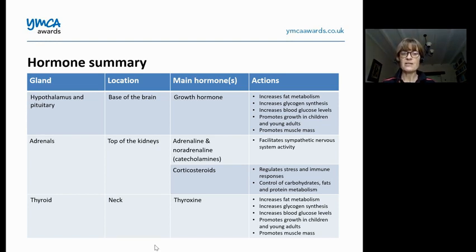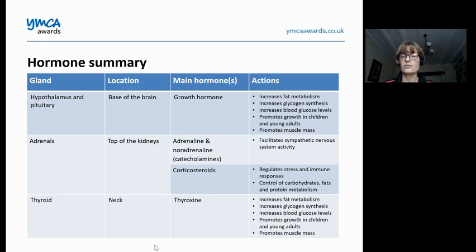Now, it's actually the core, the medulla, which is the middle part of your adrenals, that secretes the catecholamines. But the cortex, the outside part of the adrenals, does a different job. That produces corticosteroid hormones, predominantly the hormone cortisol.